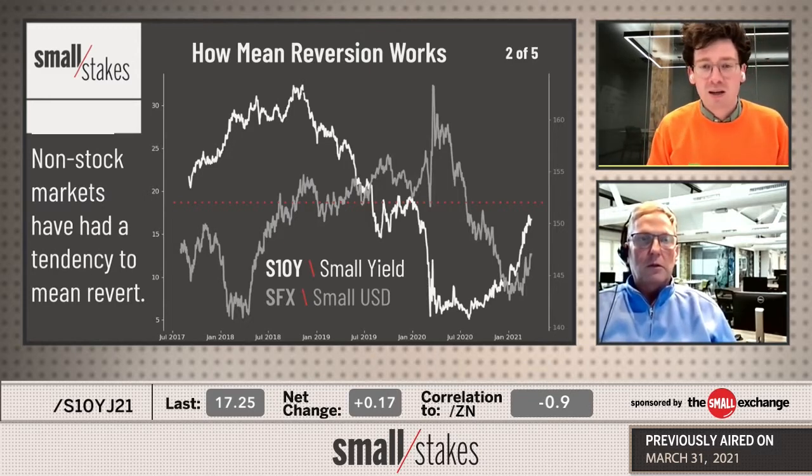We're looking at it here with mean reversion in non-stock markets. It's this idea, Pete, and you see it so well in these two different examples, the yield and the US dollar over the last several years, whereby days, weeks, months, years can go by in these different markets, Pete, and you tend to see around the same prices.